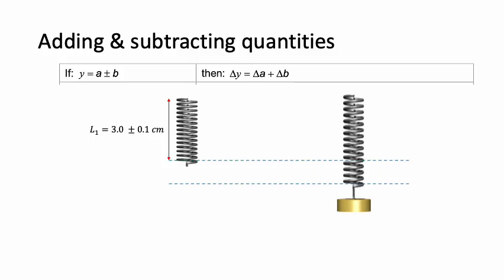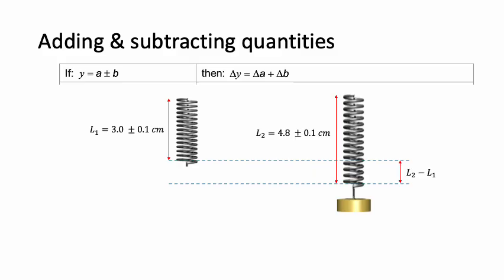We then stretch the spring by hanging a mass from it, and we measure it and we find it's 4.8 centimeters plus or minus 0.1 centimeters. So finding the extension of the spring is easy. We just do 4.8 minus 3.0 to find out how much it's stretched.